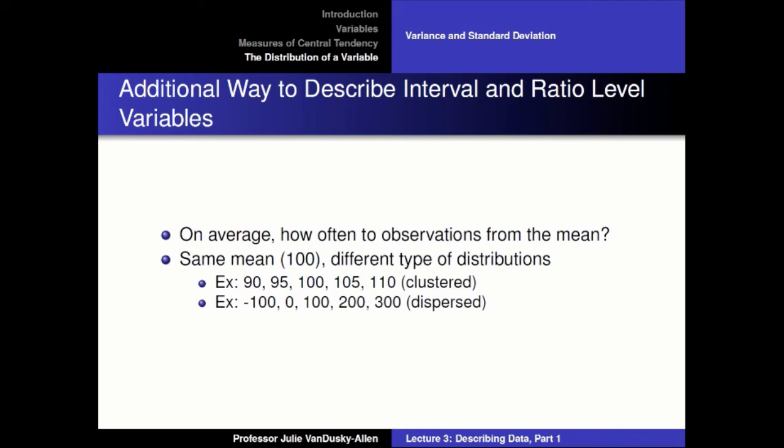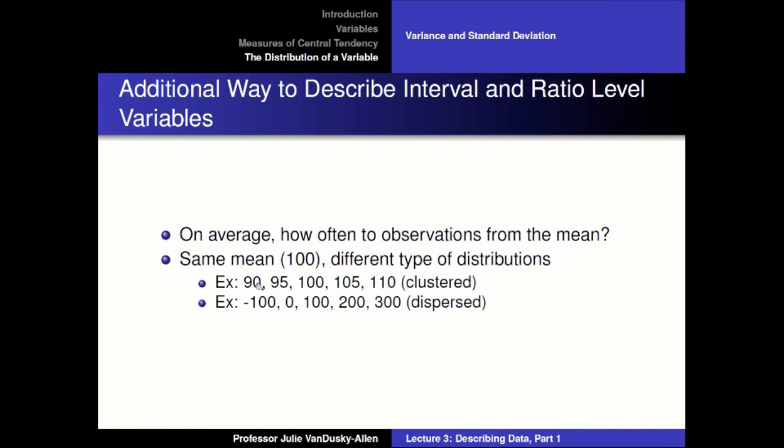Imagine you are examining the following two variables. Both of these variables have the same mean, 100, but for each variable, observations deviate from the mean of 100 differently. In the first case, observations take on values very close to 100: 90, 95, 100, 105, 110.